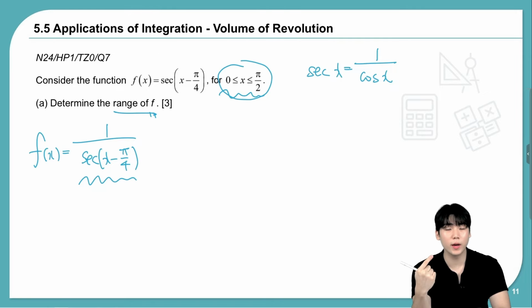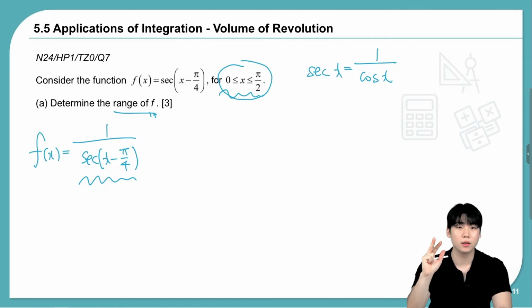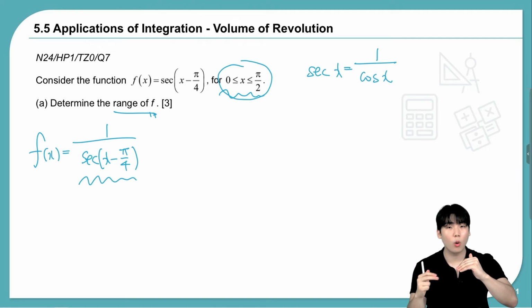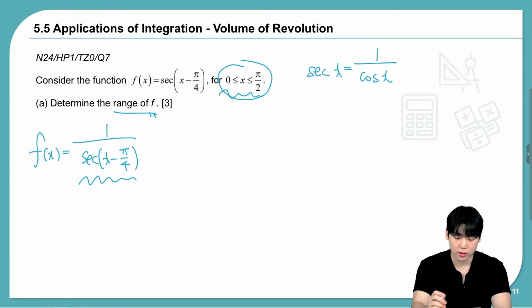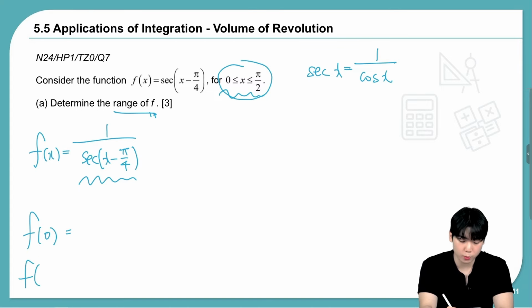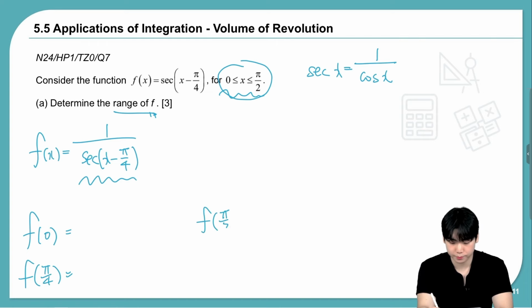We're going to evaluate 3 critical points where it can be the minimum or the maximum. Those points are when x is equal to 0, when x is equal to pi over 4, and when x is equal to pi over 2. Those 3 are the critical points, right?